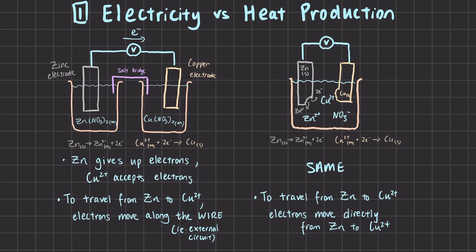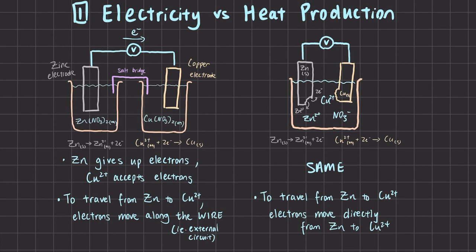Now it can directly pass its electrons to the copper 2+, which is just floating around the solution. And although this results in the same products, a key difference is that no electricity is being produced.